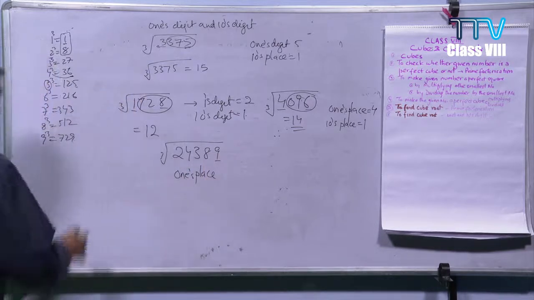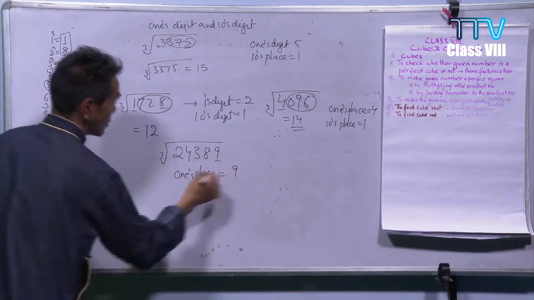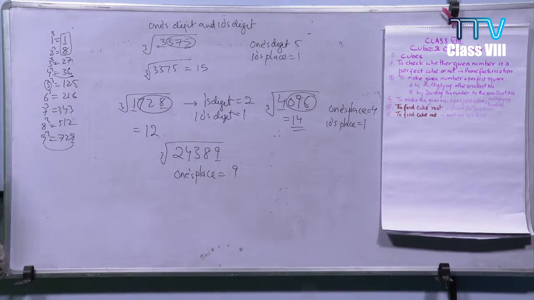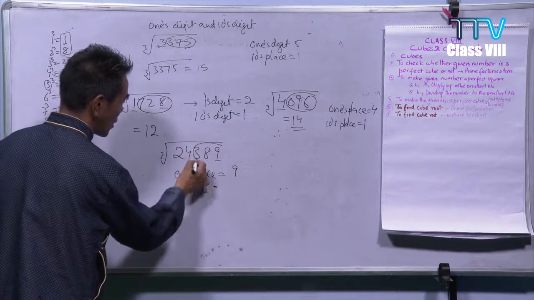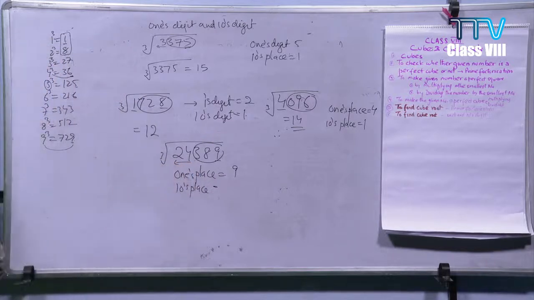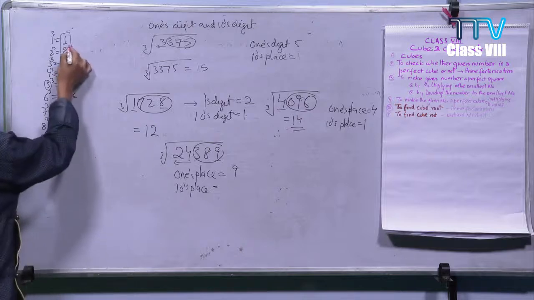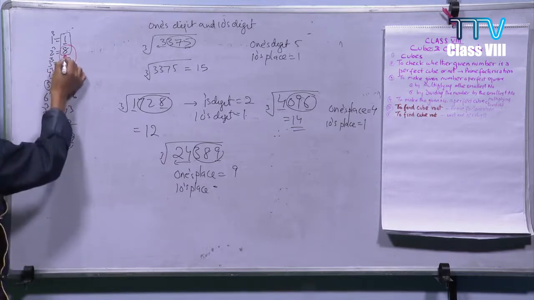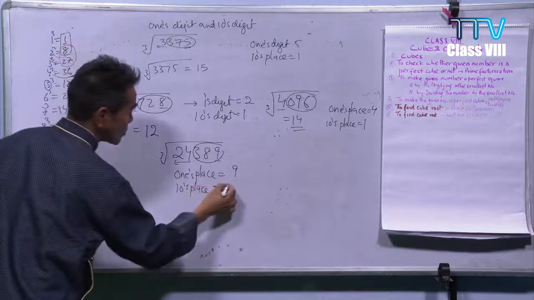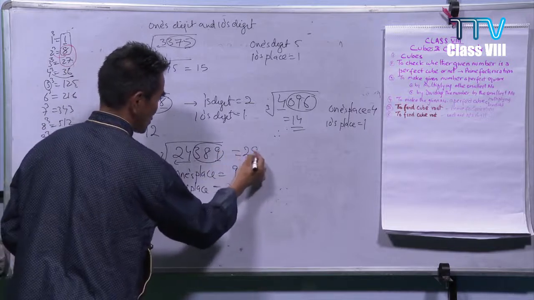The number has unit place 9, so the cube root ends in 9. For the 10th place, the number splits, so 24 is the value. 1, 8, 27: 24 lies between 8 and 27, so it is 8, and the cube root of 8 is 2. So the 10th place is 2, and the number is equal to 10th place then unit digit, which is 29.